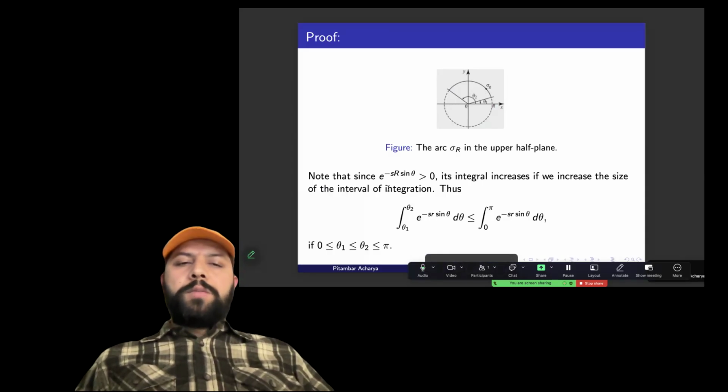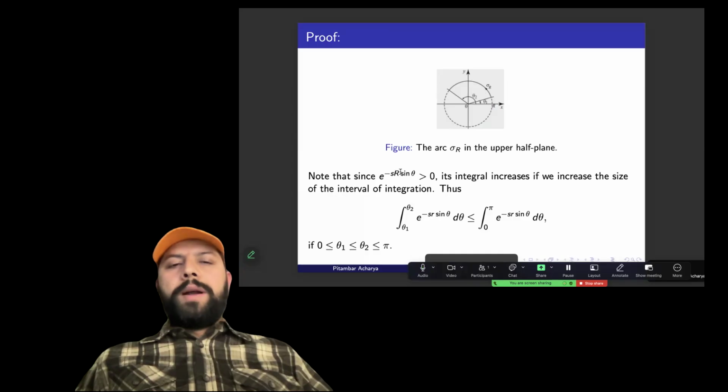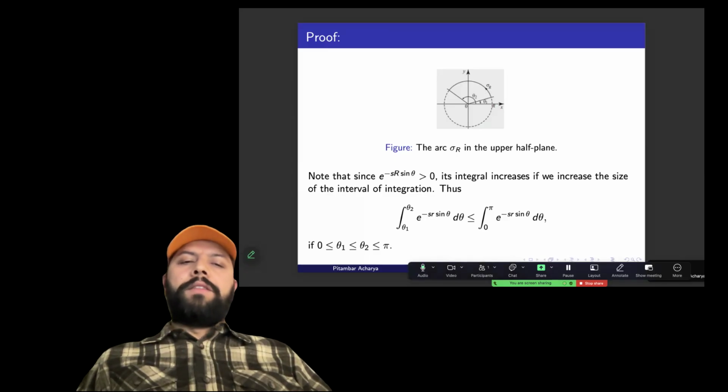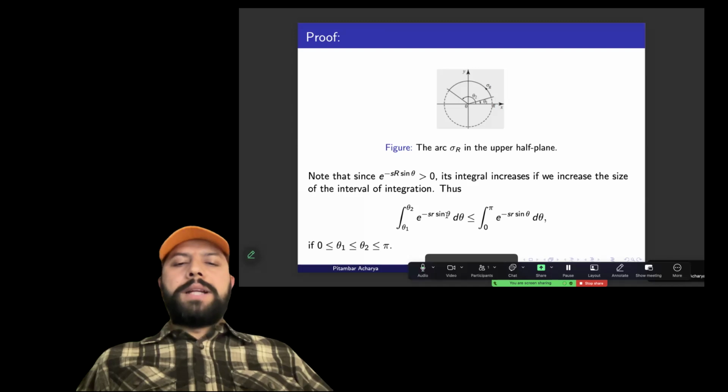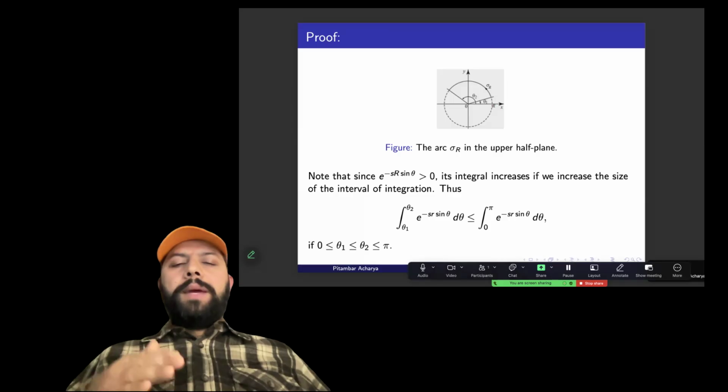So we know that the exponential of a negative quantity, e to the negative sR sine theta, is always a positive quantity. So its integral increases if we increase the size of the interval of integration. That's why the integral from theta 1 to theta 2 of e to the negative sR sine theta d theta is always less than or equal to the integral over the bigger interval.